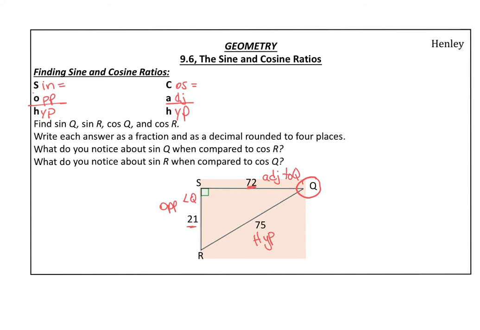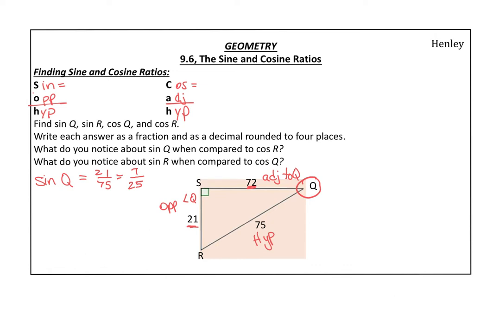Now, the sine of Q equals opposite over hypotenuse, so 21 over 75. We can simplify this by dividing by 3. 21 divided by 3 is 7, and 75 divided by 3 is 25. Or you can put it directly into the calculator.